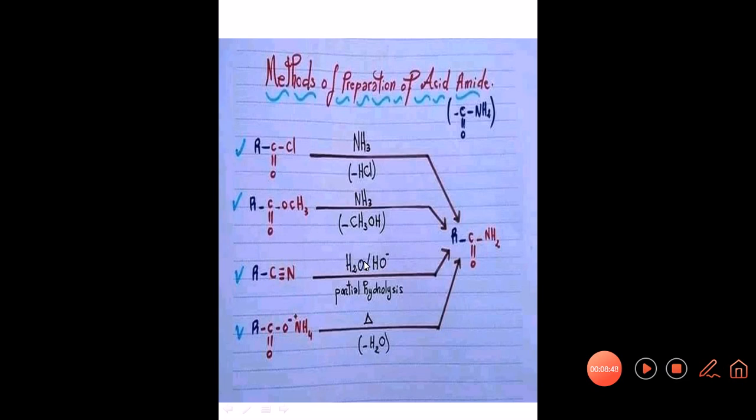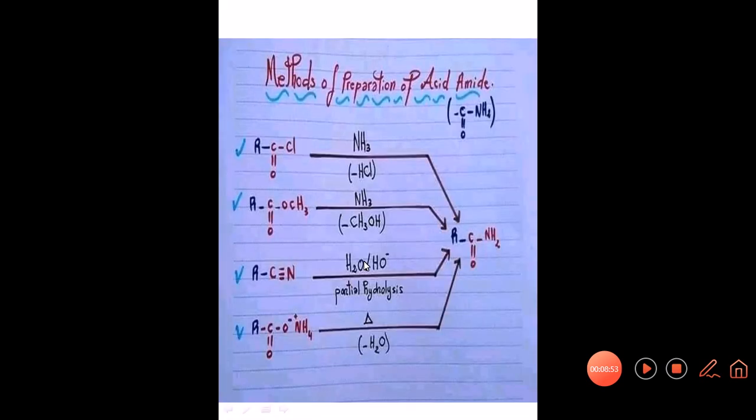So partial alkaline hydrolysis of nitriles gives off an amide. Partial, because complete hydrolysis of this one gives a carboxylic acid.